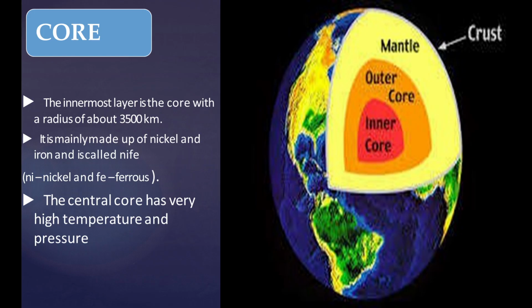Due to heavy external pressure and internal heat, the temperature of this layer is estimated to be 5,000 degrees Celsius. No substance can remain in a solid state at this high temperature. It is totally fluid, but due to external pressure, this fluid substance behaves like a solid.